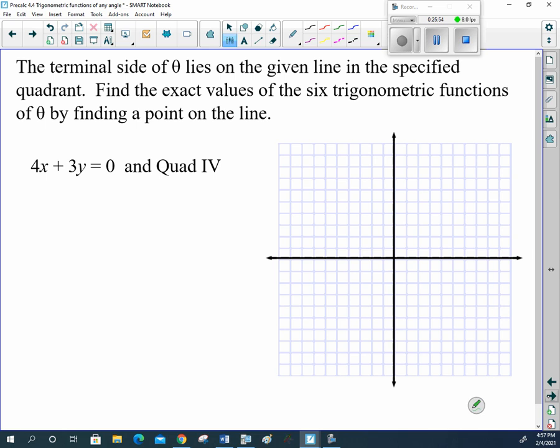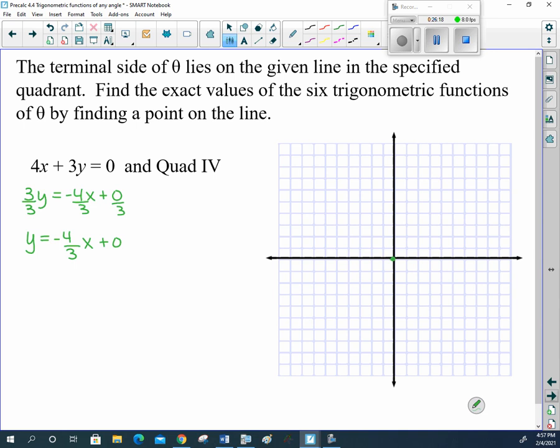Okay, so I guess I'm going to graph this line first. There's 4x plus 3y. I don't think you need to have the plus 0. That's your y-intercept. Divide everything by 3. Doesn't change your y-intercept. So here's your slope, -4/3. So I'm going to start here at 0.